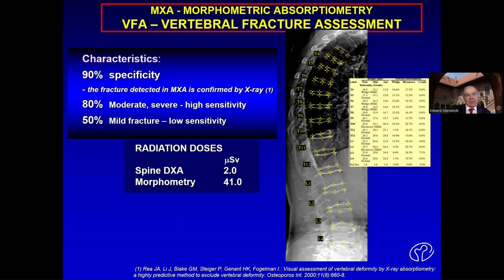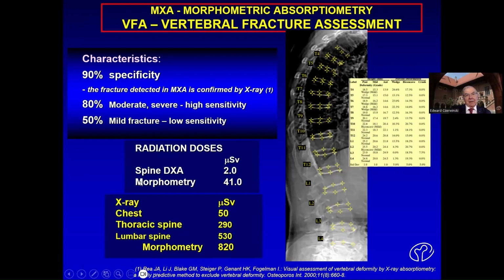The morphometry of the DEXA is 41 microsieverts, while X-ray of chest is 500, lumbar spine 50, and morphometry even 800. However, today those values are much smaller.